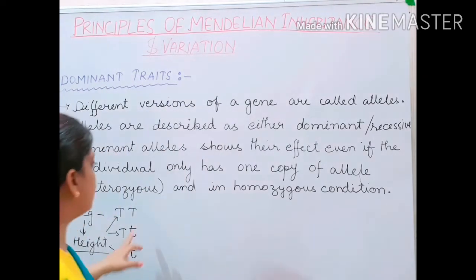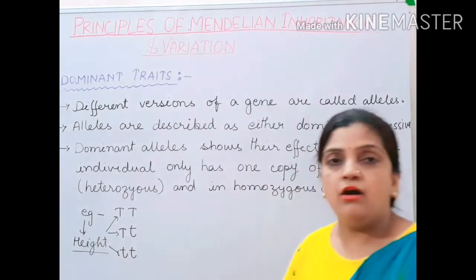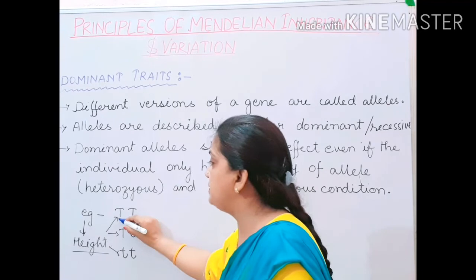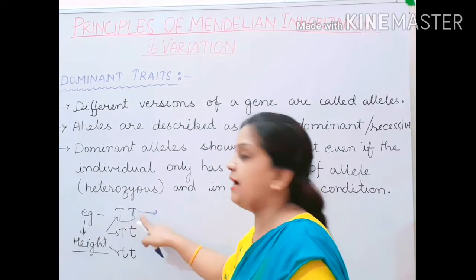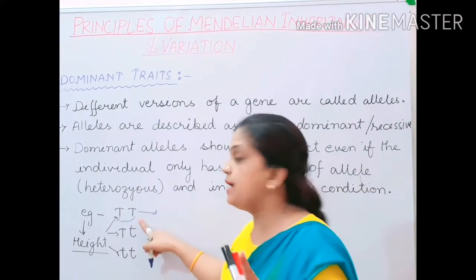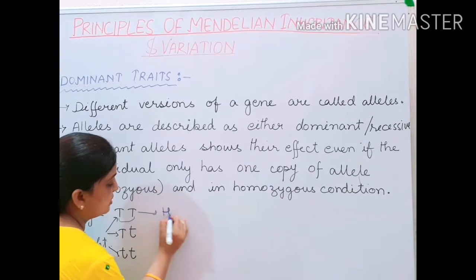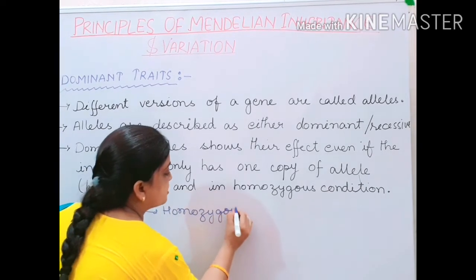Now children, taking this example over here, I have taken the example of height where capital T and capital T, both the alphabets are capital letters. So which type of gene is it? It is, children, homozygous gene. This is homozygous. If you recall, I have explained this.